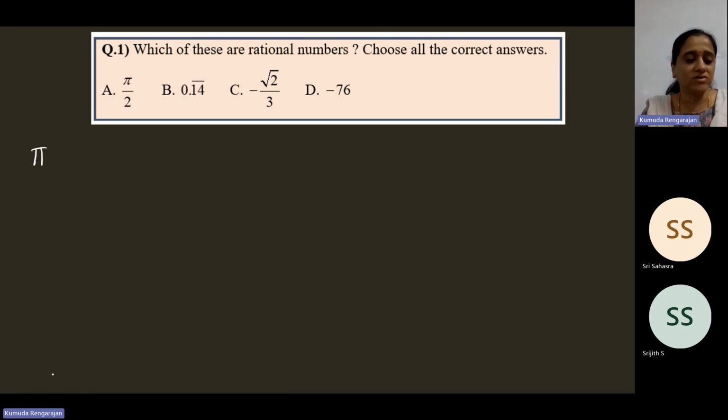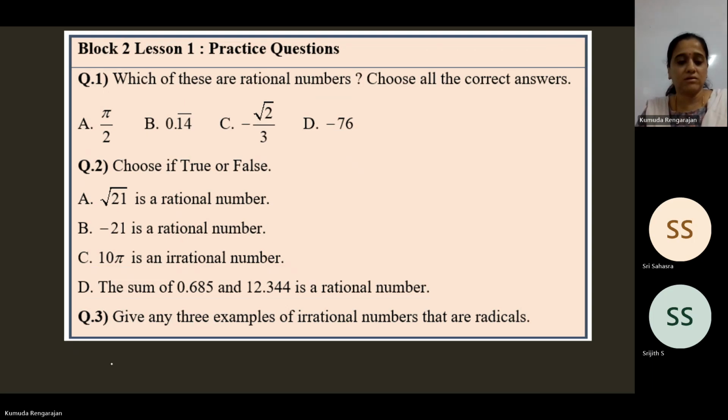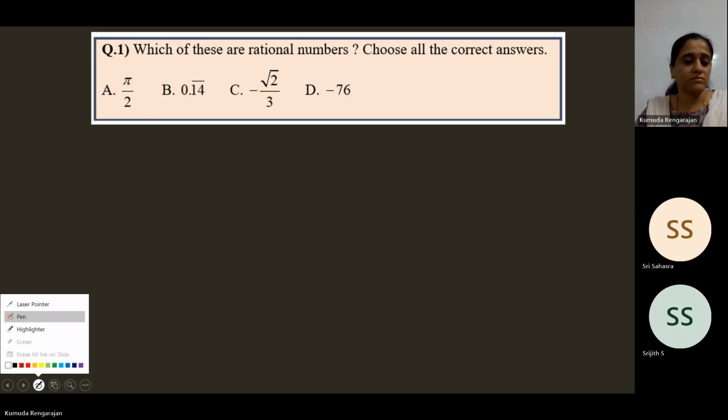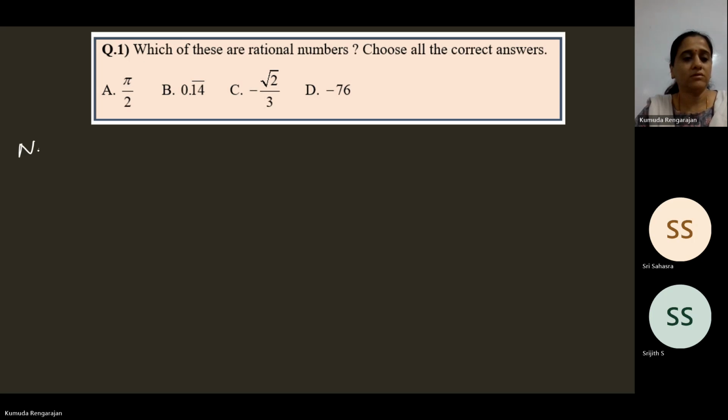Pi, you can just make a note of this. I'll finish it and then you write. Before you take this question, write this note, okay? Not now, just wait. 22/7 is a rational number.